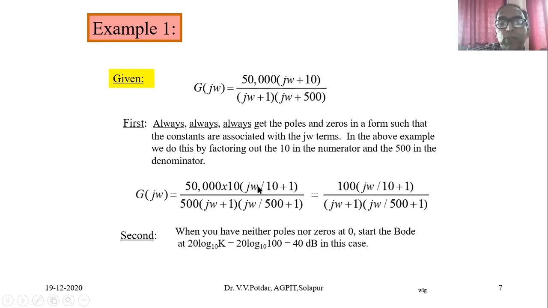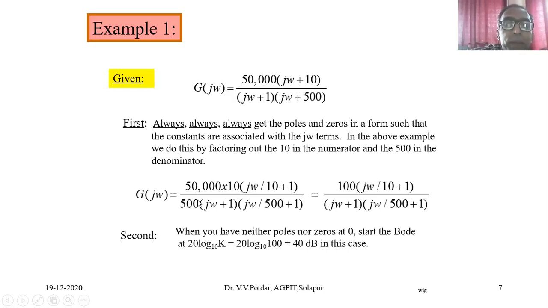So it is 1 plus tau s form. In the denominator, here nothing to be taken out common. Here 500 is to be taken out common. So 500 I have taken common into (j omega plus 1) into (j omega by 500 plus 1). So all these are converted into 1 plus tau s form.